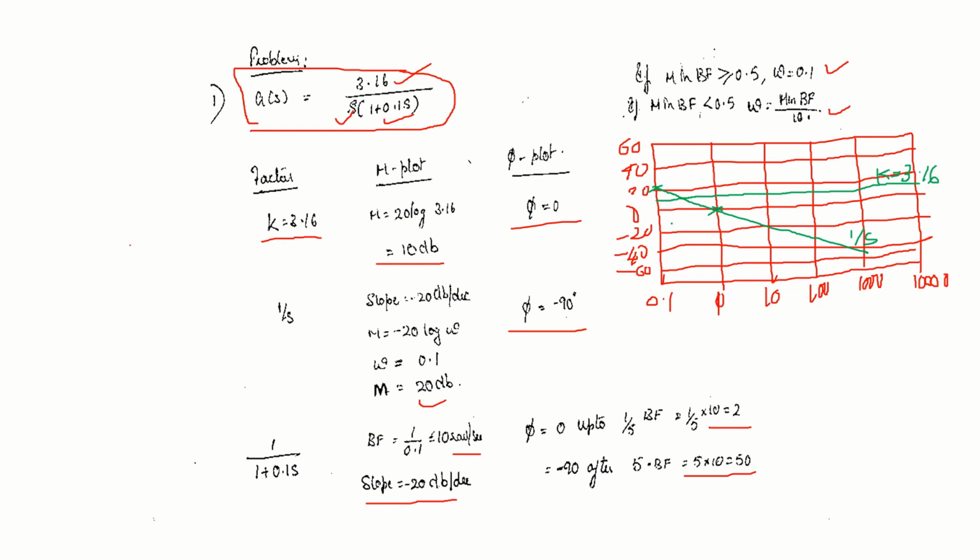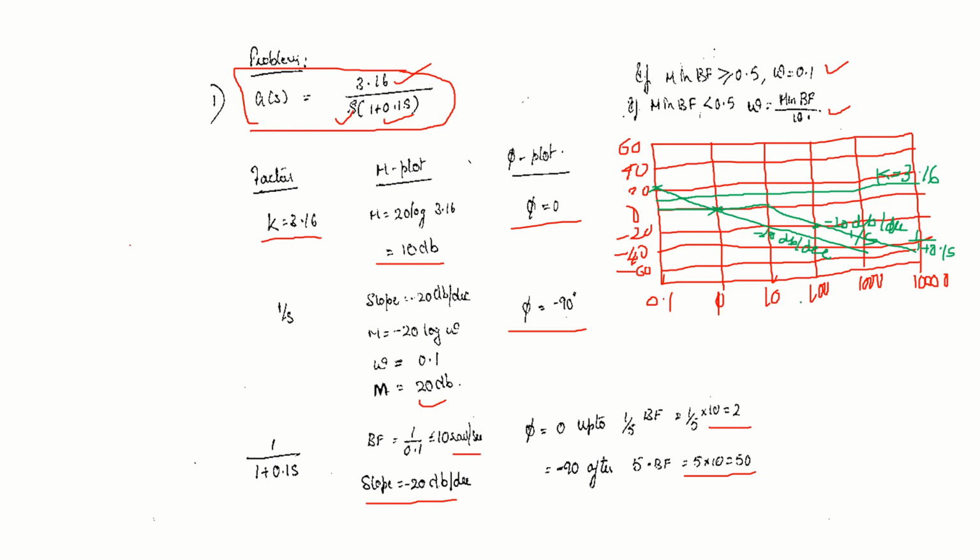Up to 10, magnitude is 0. The slope is minus 20 dB per decade. Minus 20 come down. 1 decade you choose. You write here minus 20 dB per decade. Here also you write minus 20 dB per decade. And it is a plot of 1 by 1 plus 0.1 s.